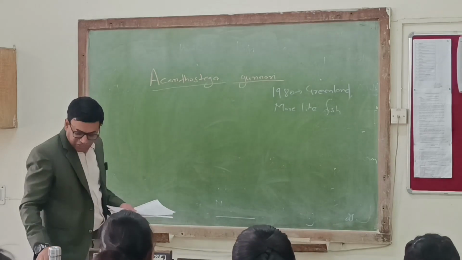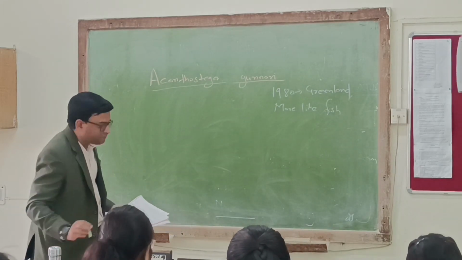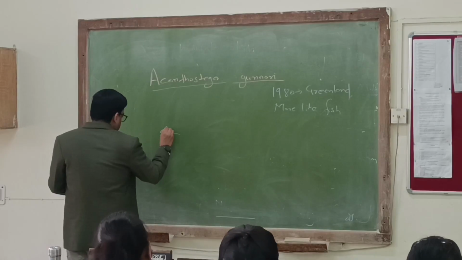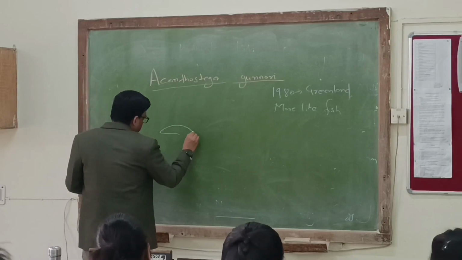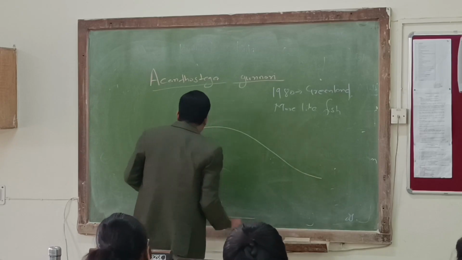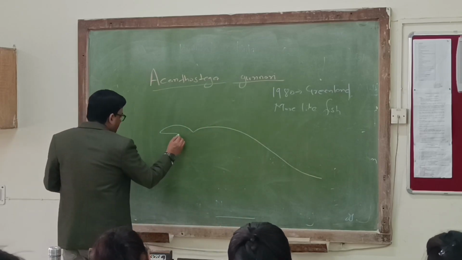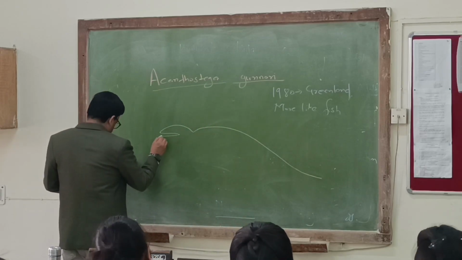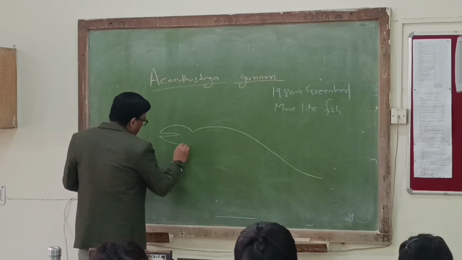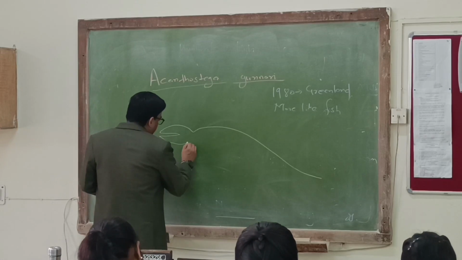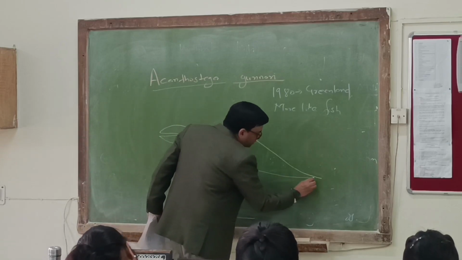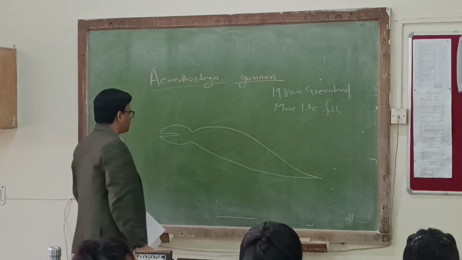So draw the fish-like body, a fusiform body, having a mouth, and the mouth has what? Labyrinthine teeth, because it belongs to the Labyrinthodontia.